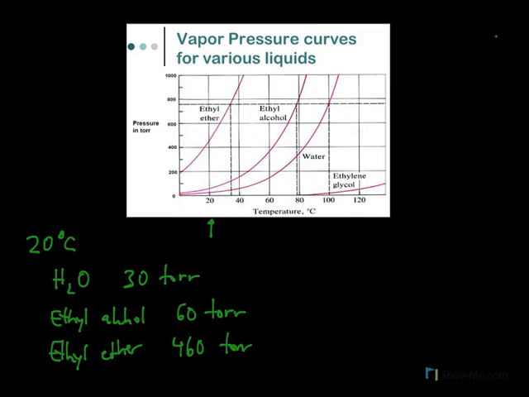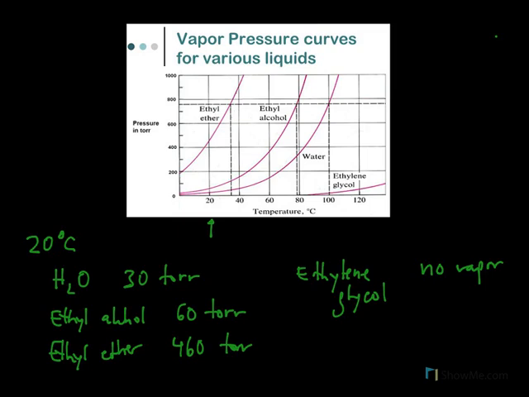If we look at ethylene glycol, which is over on the right-hand side, well, it has no vapor pressure. There is no vapor pressure at 20 degrees because there's nothing above the 0 mark, so no vapor pressure is seen with ethylene glycol.